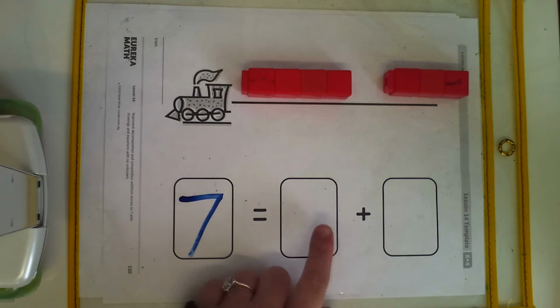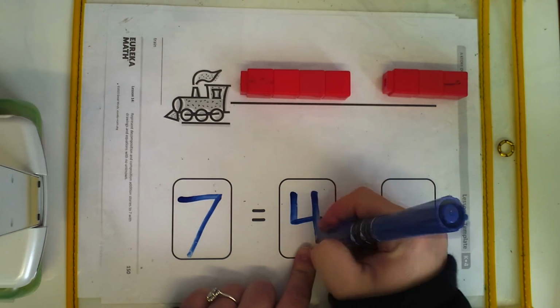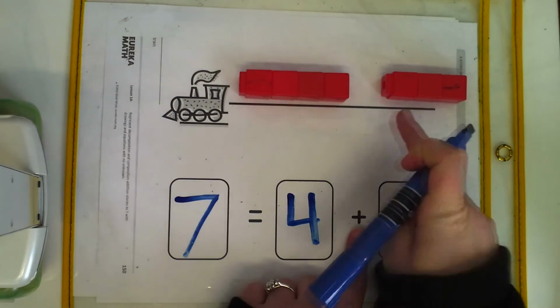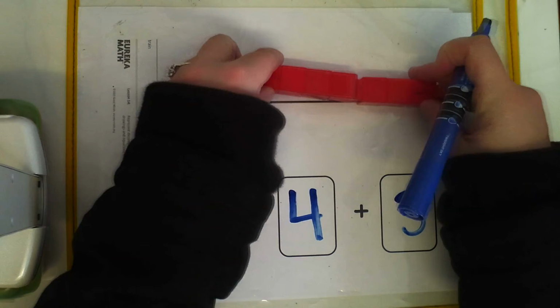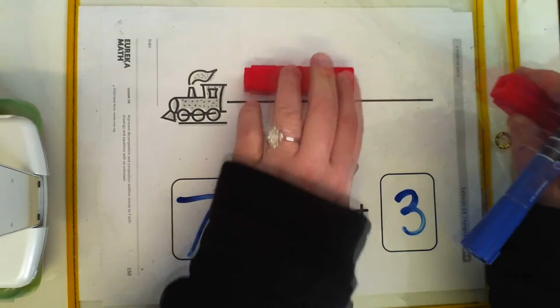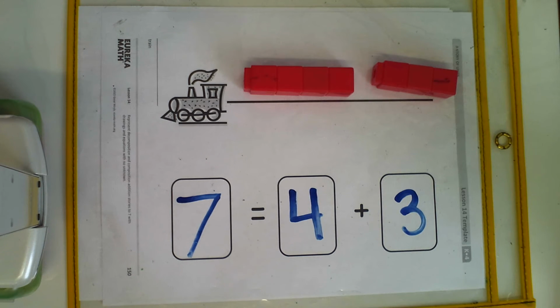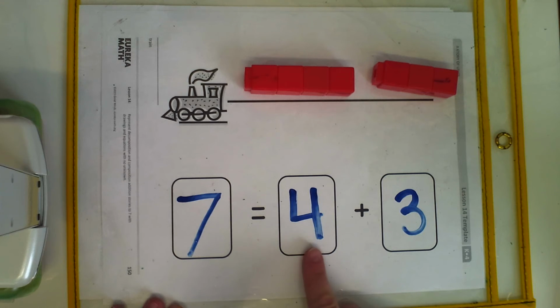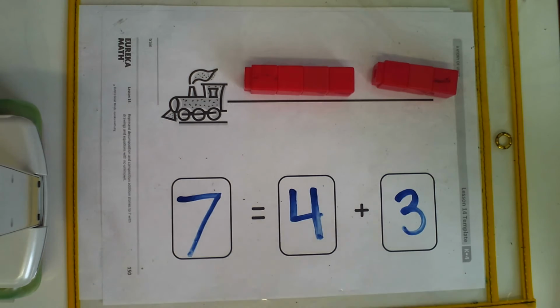Yeah, okay. So we have 4 cubes and how many? 3. Very good. So 7 is the same as 4 and 3. All right. 7 altogether. We broke it into 4, and the other part is 3.